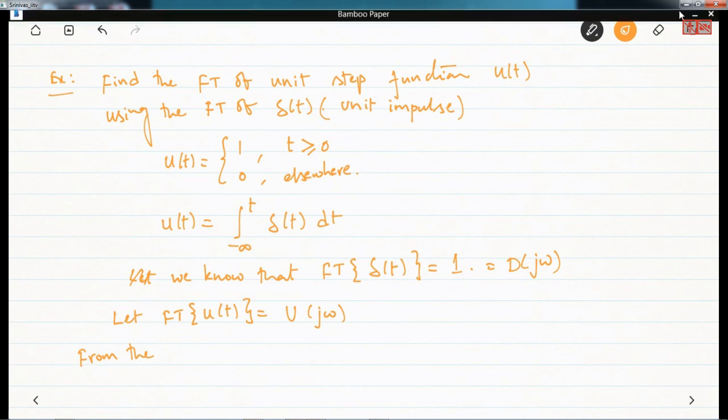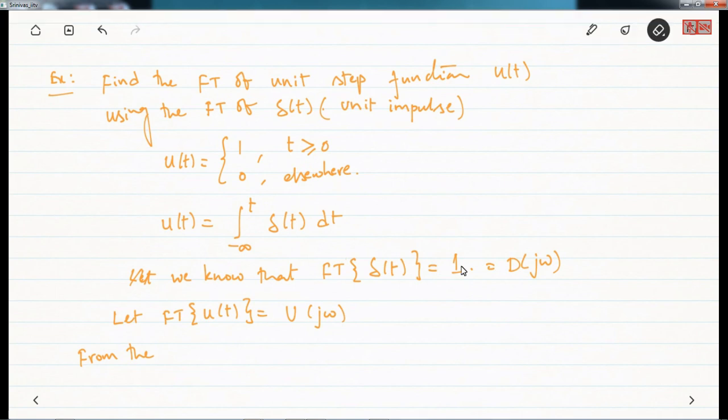and so I can write this as: Fourier transform of delta of t, d of j omega, equal to 1.